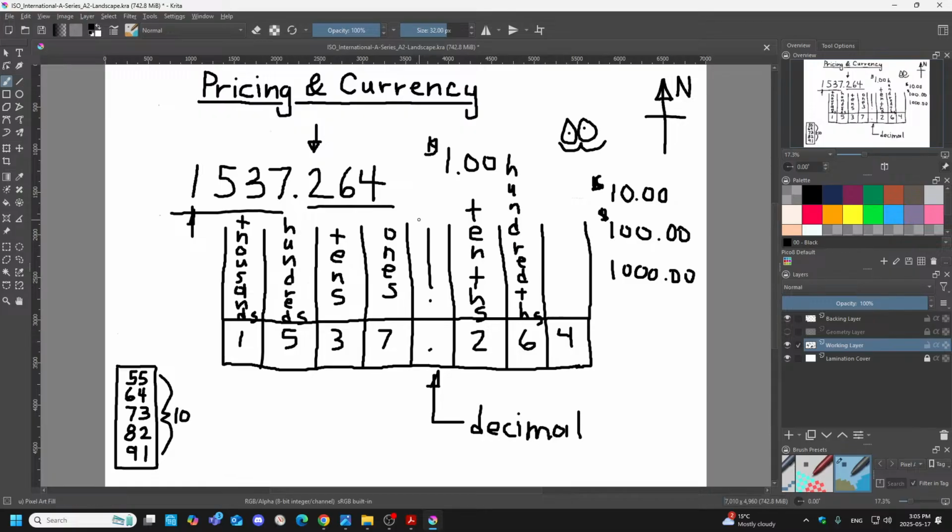And lastly, thousandths. Just remember, anything to the right of the decimal has the "ths" ending: tenths, hundredths, thousandths.